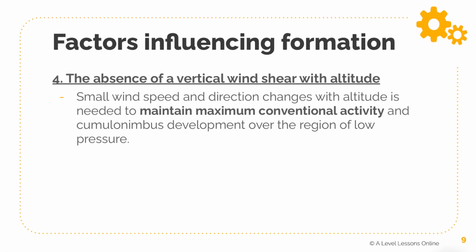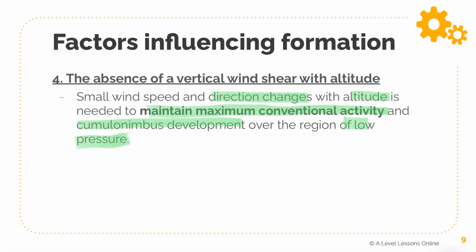Alright, so the last one will be the absence of a vertical wind shear with altitude. Small wind speed and direction changes with altitude are needed to maintain the maximum convection activity to ensure that the heat is continually supplied, and for your cumulonimbus cloud development over the region of low pressure. When vertical wind shear is present, it causes wind speed and directional changes with altitude, which is why it cannot be there.